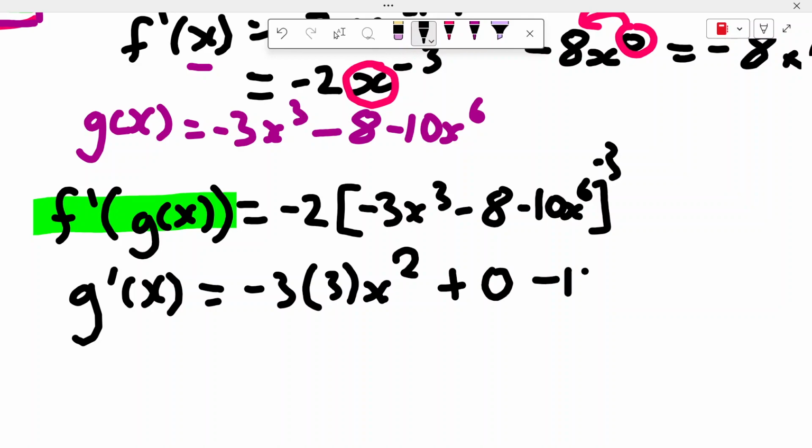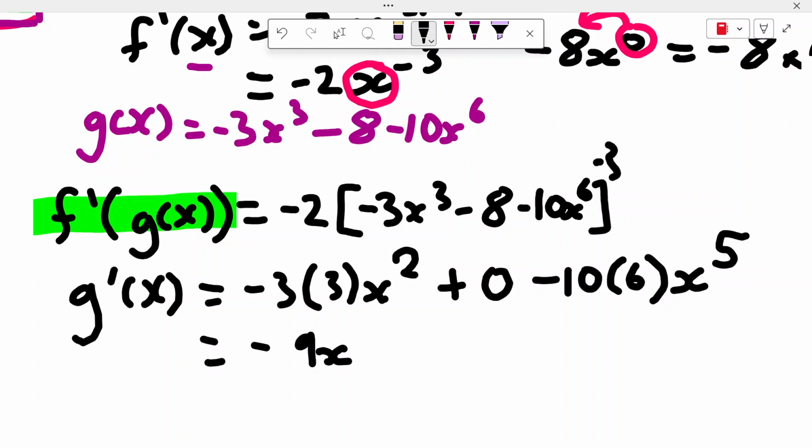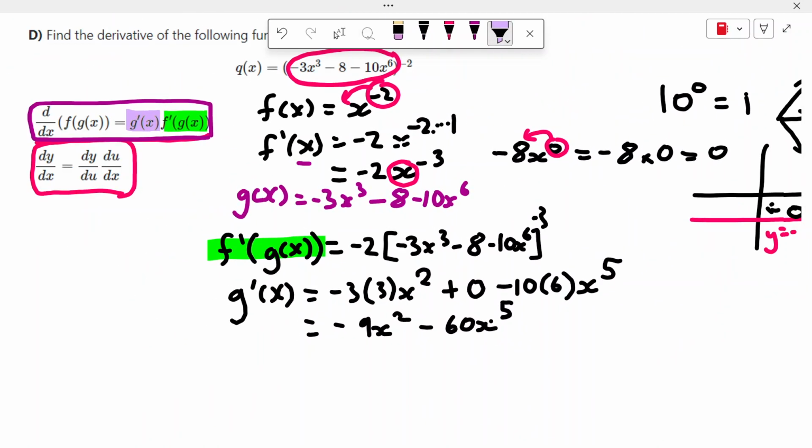And then the last bit we can do quite quickly. 6 minus 1 is 5. And then just to make that look a bit nicer for me, okay? And now all we do is we grab that purple bit and we multiply it so that we get this bit over here. So let's do that.